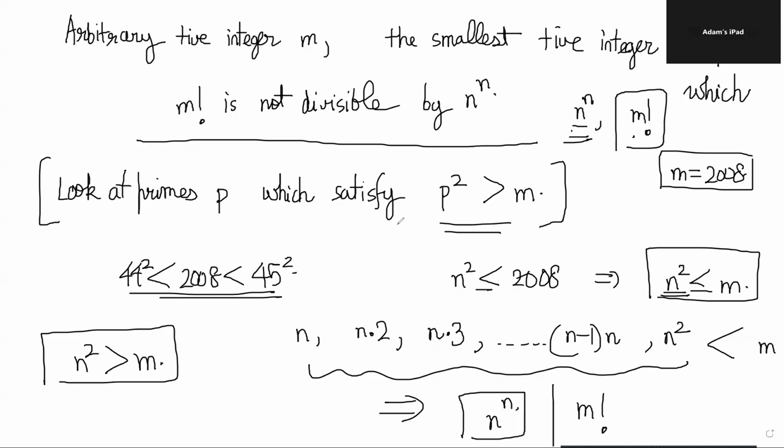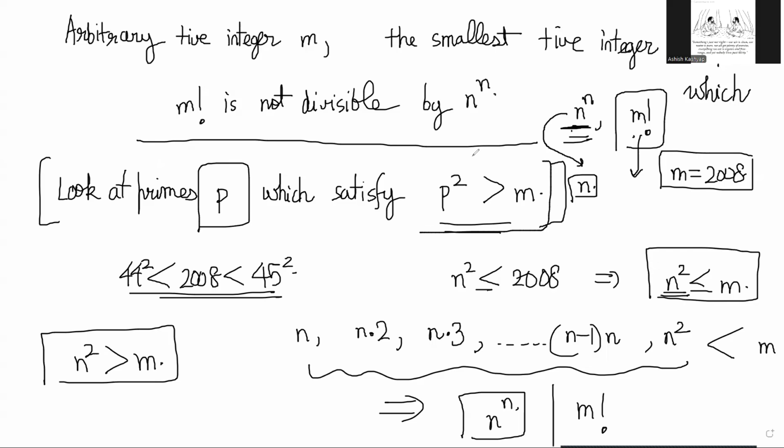But when n is a prime, then the VP of this number is only n, and then there is a chance that the VP of m factorial is smaller. That's what happens here. It is basically the first prime number that satisfies this. That is the answer.